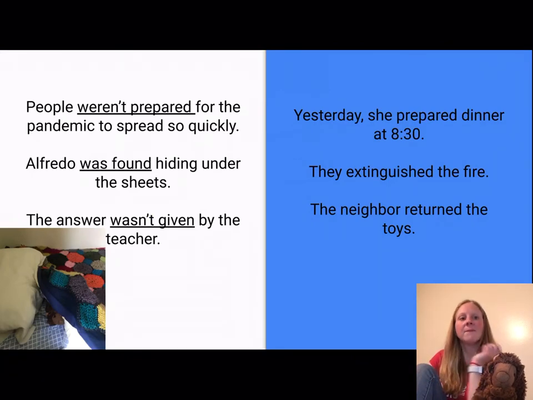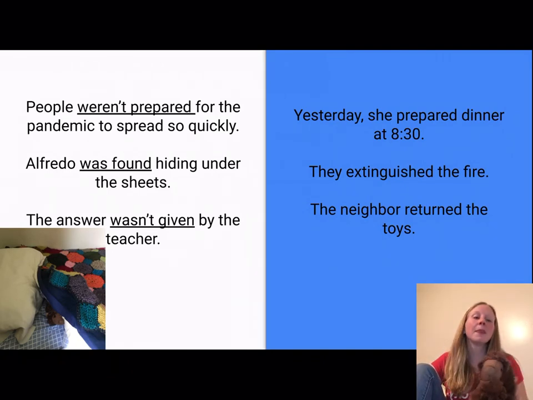Now here we go. Some more examples for you to practice. People weren't prepared for the pandemic to spread so quickly. It's a statement of fact that has to do with something that's happened already. The second one, Alfredo was found hiding under the sheets. This is true. I can attest for it.